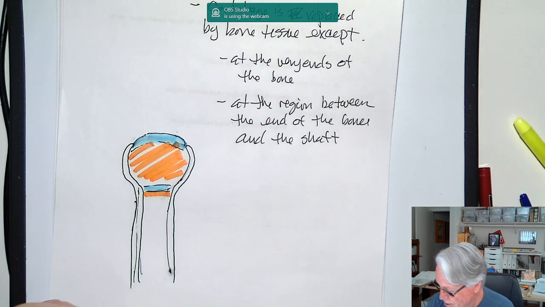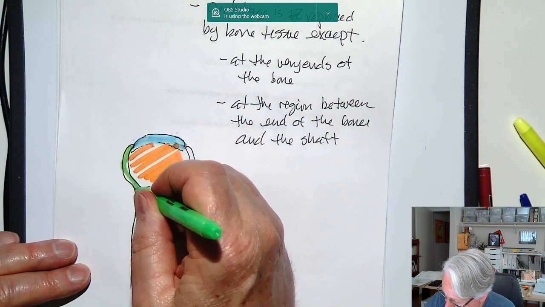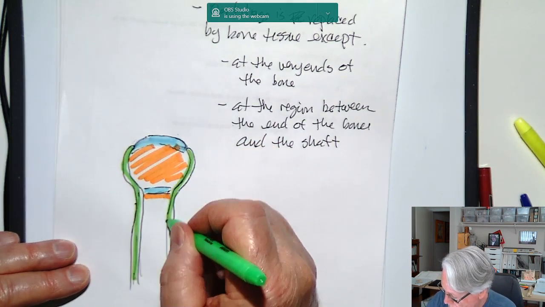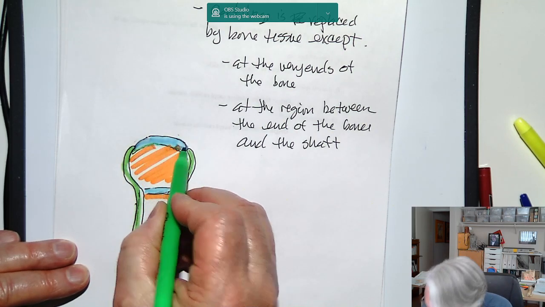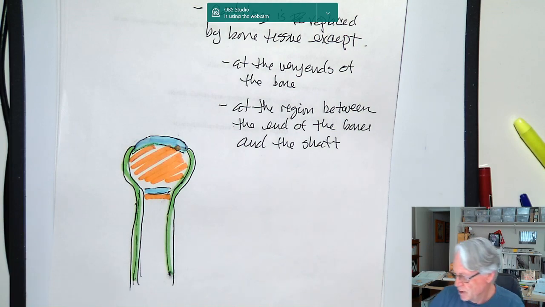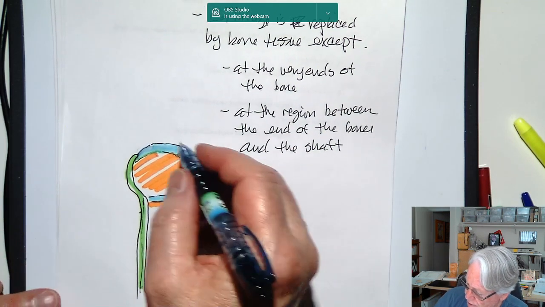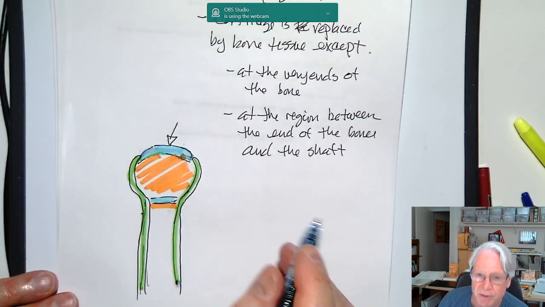And then in green, okay. So what we're going to have then is our articular cartilage. That layer is going to remain in place.